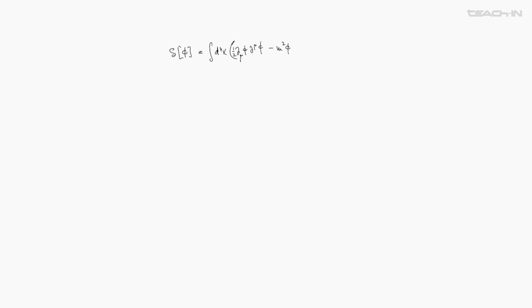Okay. What else should be said about it? We see also that if we return to the usual standard units, then we can write the action in the following form: dt d^3x, 1/2 c squared phi dot squared.